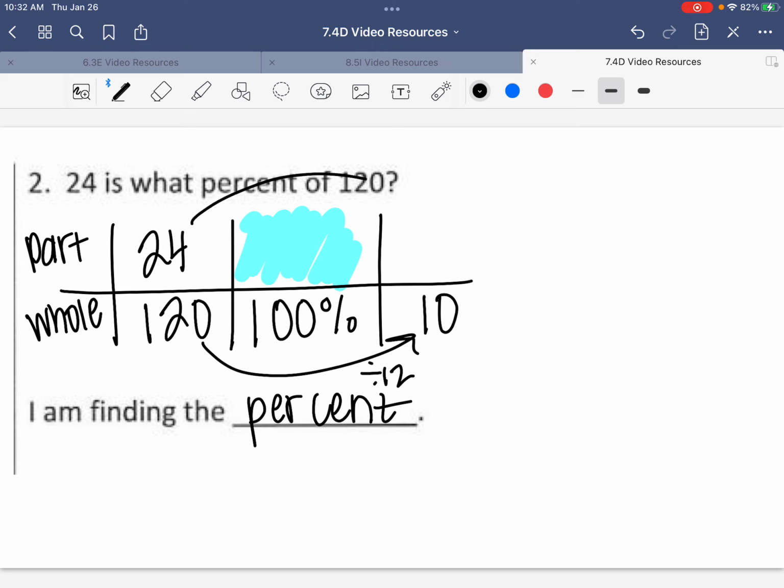Which means I will scale 24 down by 12 to get 2. And 2 out of 10, I can scale back up by 10, because it takes 10 10s to get back to 100. So it will take 10 2s, and we get 20%. So 24 is 20% of 120.